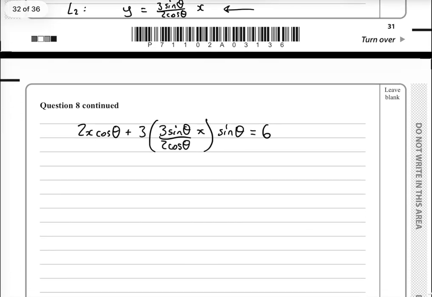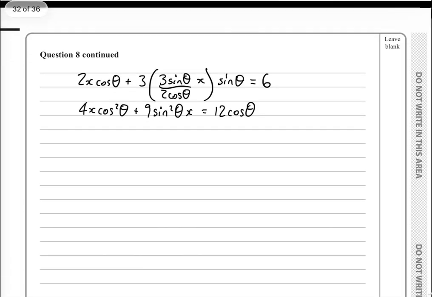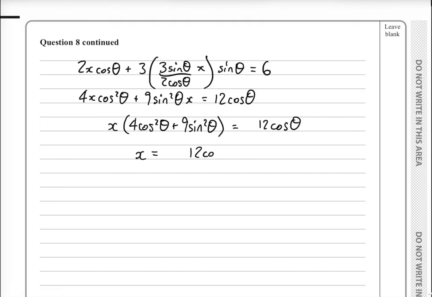Times everything by 2 cos theta: 4x cos squared theta plus 9 sine squared theta x is equal to 12 cos theta. Now my mind immediately says, oh, solve a quadratic in cos theta, but that's not what we're doing. We're trying to find the x coordinate. So we just factorize out x, and although it's fairly horrible looking, we then divide through by that, and that gives us an awful looking x coordinate.